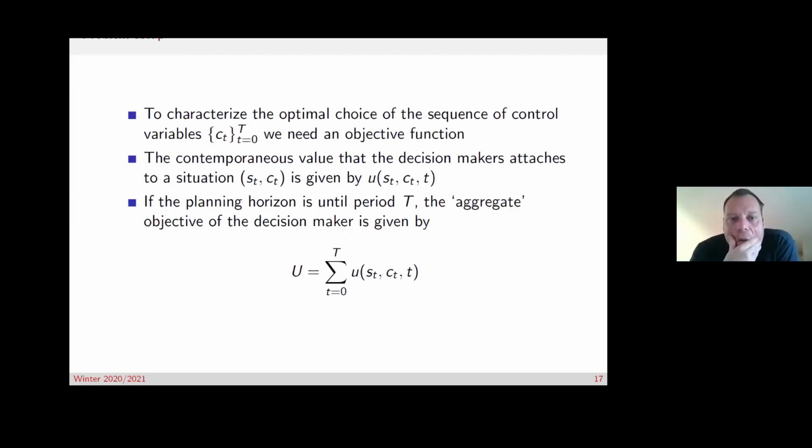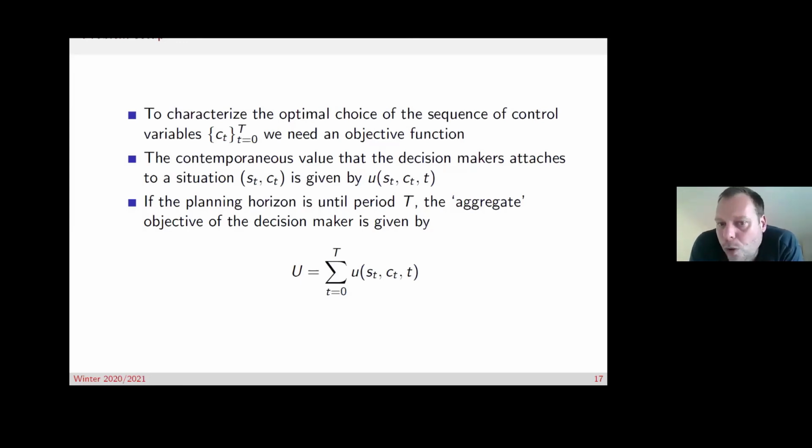Okay, so what we are after is the optimal sequence of control variables. But if you have the notion of optimality, obviously you need some valuation. And what we assume is that there's some valuation function.